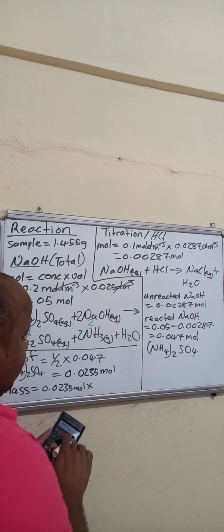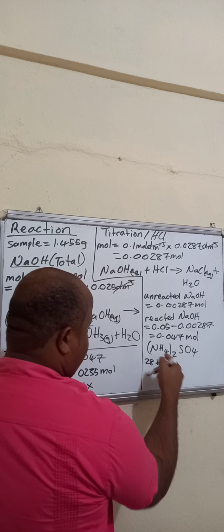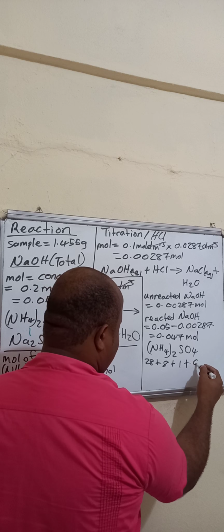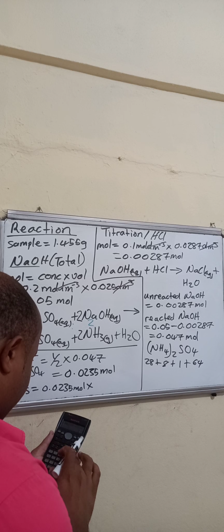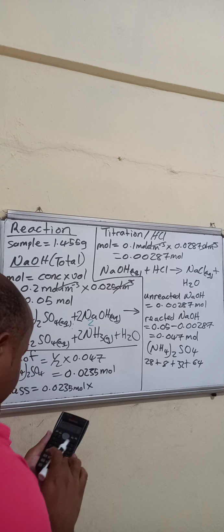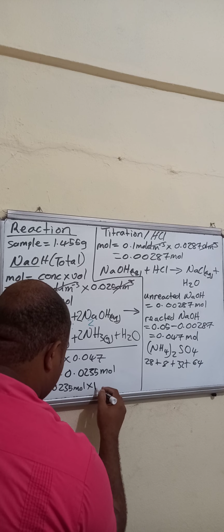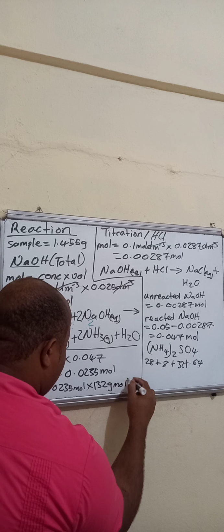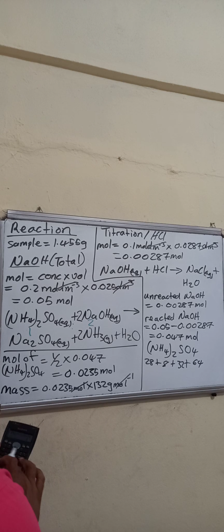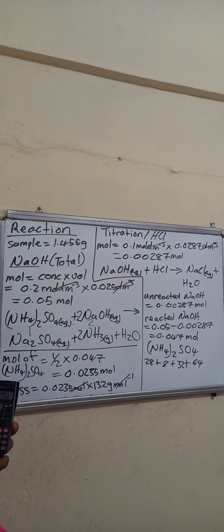So it's 2 nitrogen, that's 28, plus 8 hydrogen, plus 1 sulfur is 32, and the 4 oxygen, that's 64. So 132 gram per mole. So 132 times 0.0235, we get 3.1 gram.